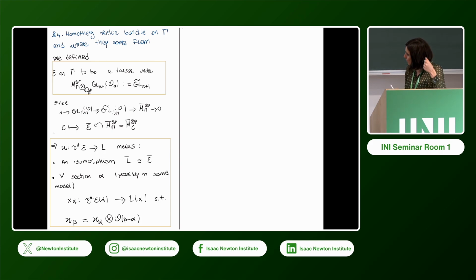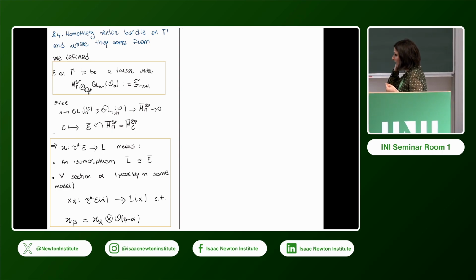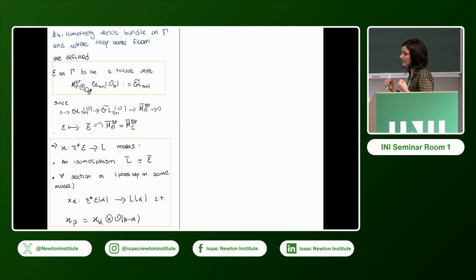Well, to both the log line bundle and this vector bundle up to homothety, I can associate a torsor under the characteristic sheaf. And this is the same for the actual geometric curve and for the tropicalization. In other words, this map is strict, which means that the characteristic sheaves I can identify.